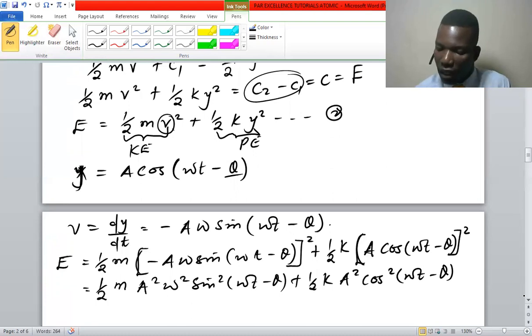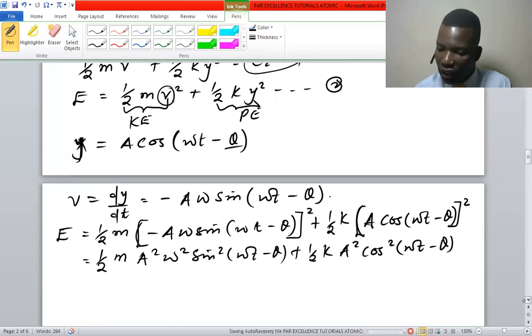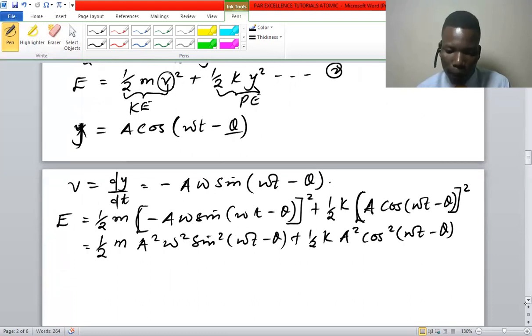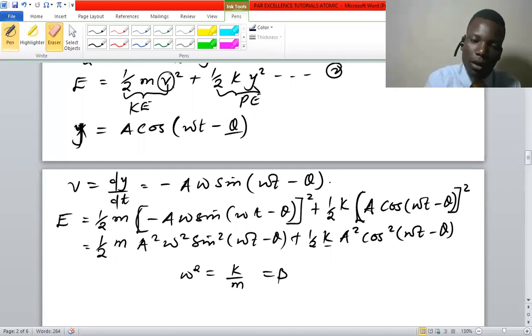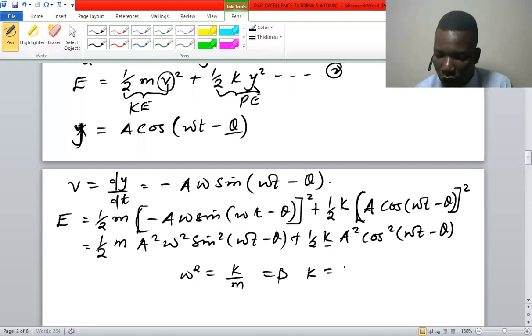Now remember what we wrote at first. We know that the angular frequency is given by that, so we have k, and from that relation, k is equal to m omega squared.